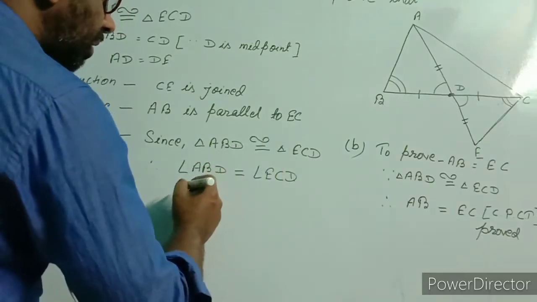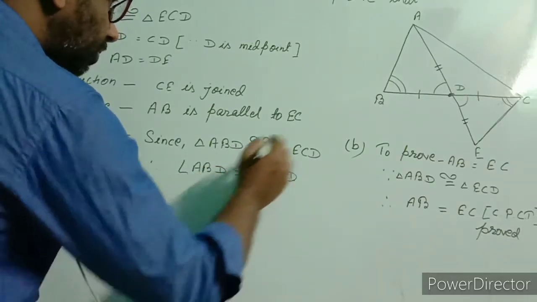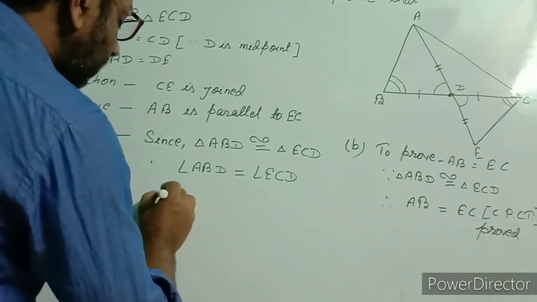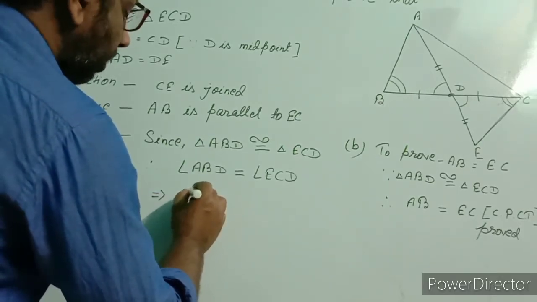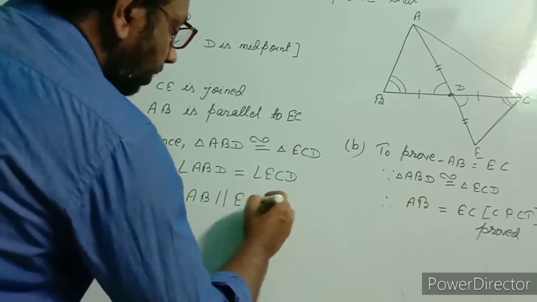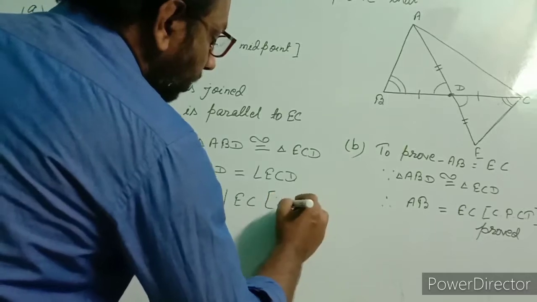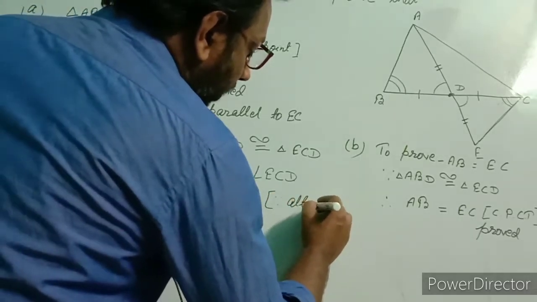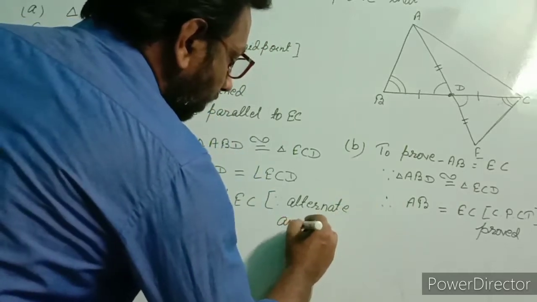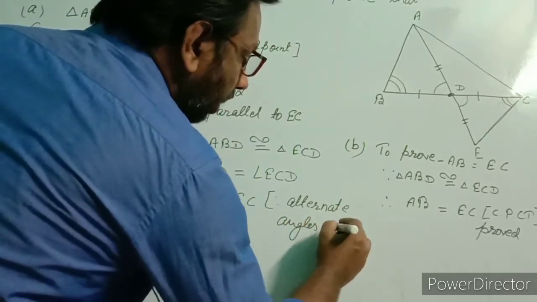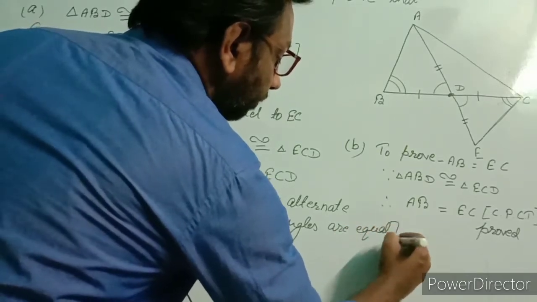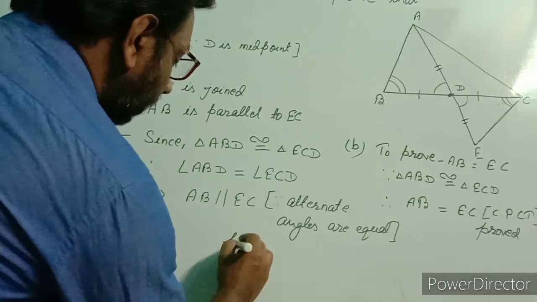These two angles are a pair of alternate angles. So we say this implies that AB is parallel to EC since alternate angles are equal. We write here proved.